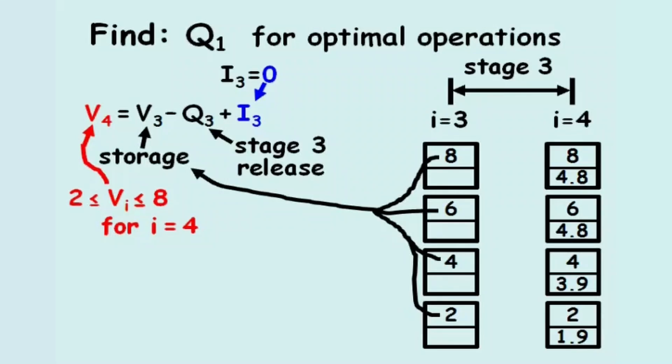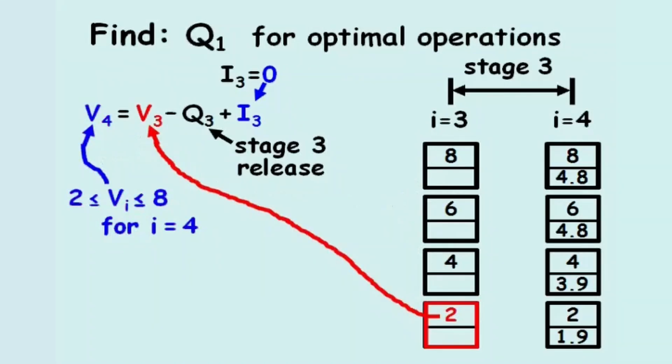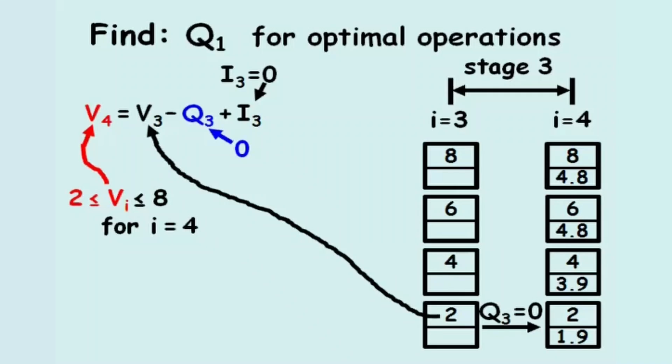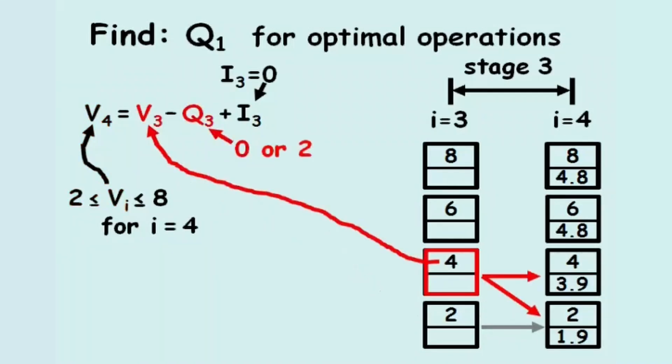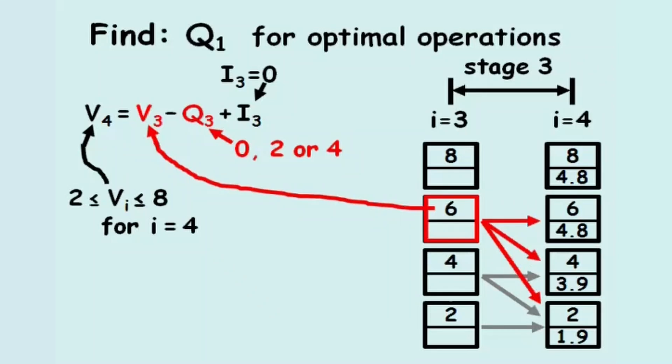For V3 equal to 2, the only possible release for Q3 is 0, because the minimum storage volume in the reservoir at the end of stage 3 is constrained to be at least 2 units of water. Similarly, we can determine the possible releases for initial volumes of 4 units of water, 6 units of water, and 8 units of water.